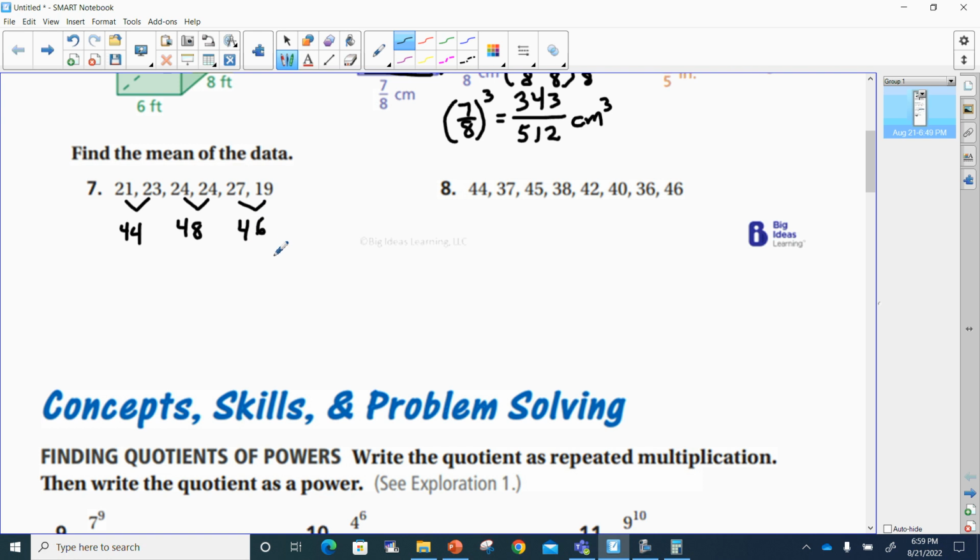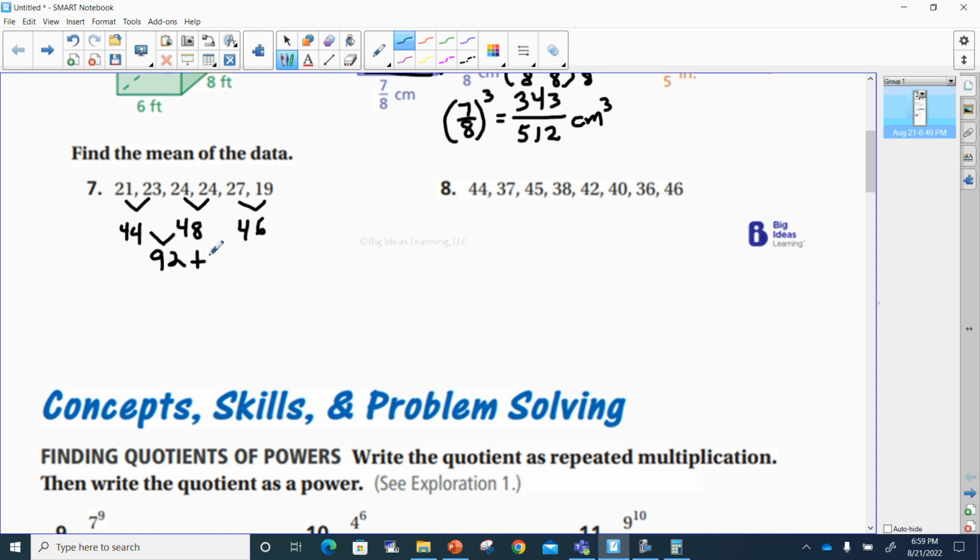Now we can start adding these together. 44 and 48 are going to make 92. Now I have 92 plus 46 left.